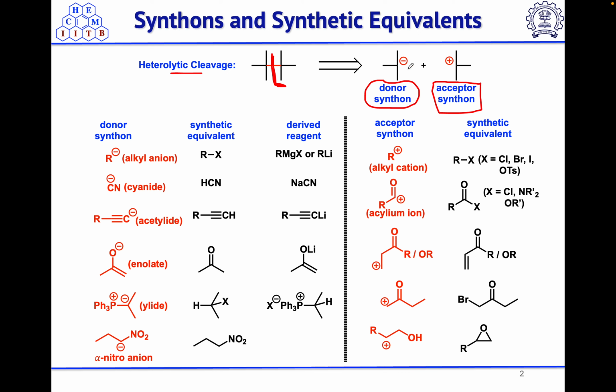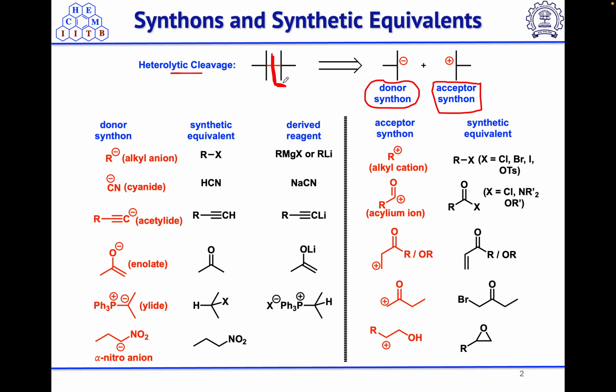For our convenience we are breaking and getting these two fragments, one carbocation and another carbanion, but these fragments do not really exist in real life. So in forward synthesis we can't start with these carbocations and carbanions. We need to use some neutral molecules, generate these carbocations and carbanions in situ, and they will undergo reaction to give this C-C formation product.